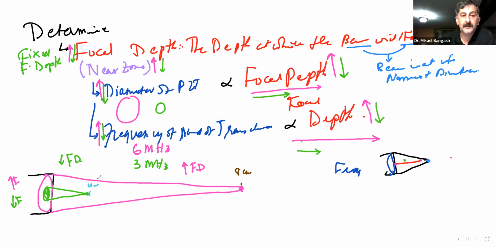Okay, so focal depth is directly proportional to what? Diameter of PCT and frequency of transducer. And what that means is that they determine your focal depth, or the focal point of the beam, which is directly related to those.